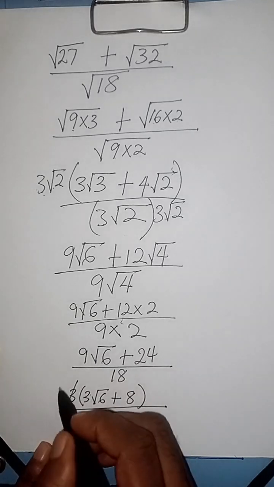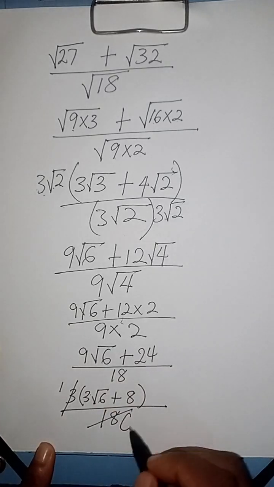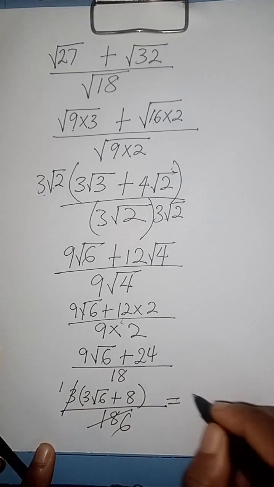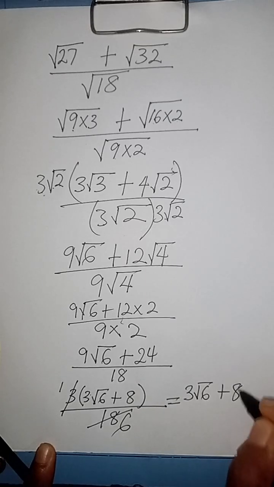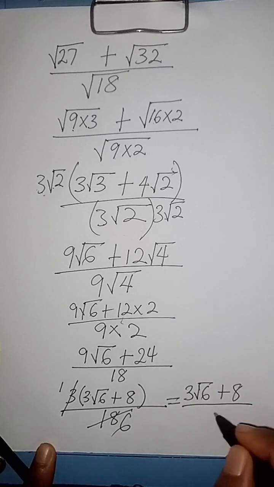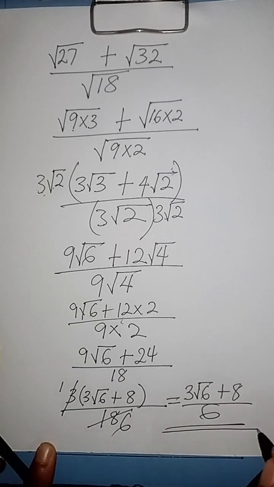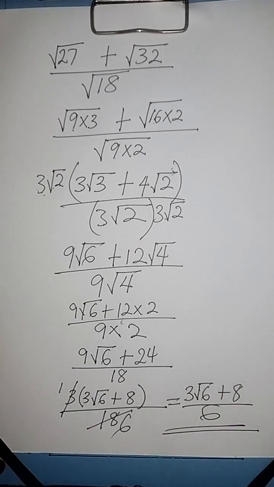And if this 3 cancels out, your final answer will be 3 root 6 plus 8, divide 6. That's what we're looking for. So that's how you solve questions involving surd.